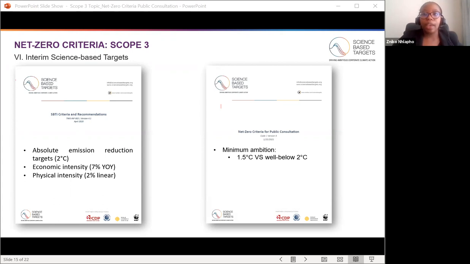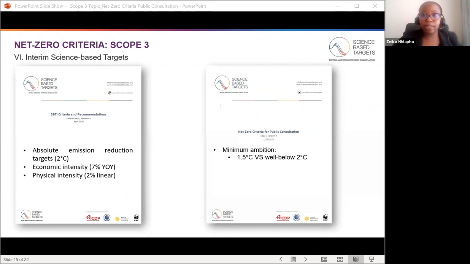And lastly, physical intensity reduction targets need to be aligned with the relevant sector reduction pathway within the SDA, or targets that do not result in absolute emission reductions and lead to linear annual intensity improvements equivalent to about 2% at a minimum.